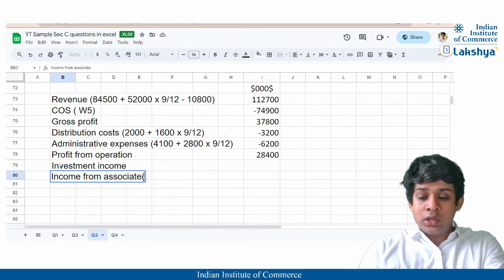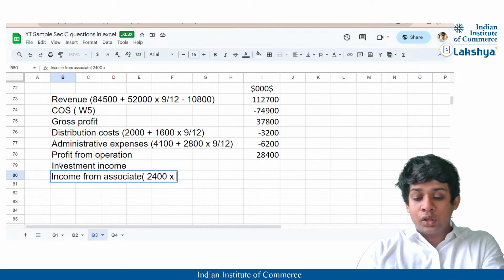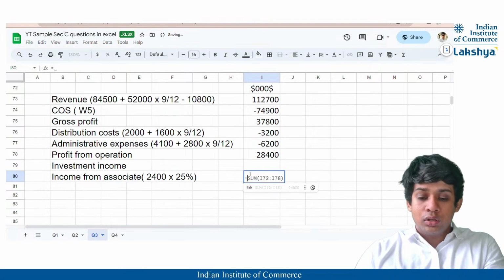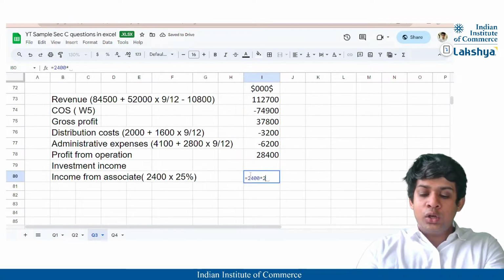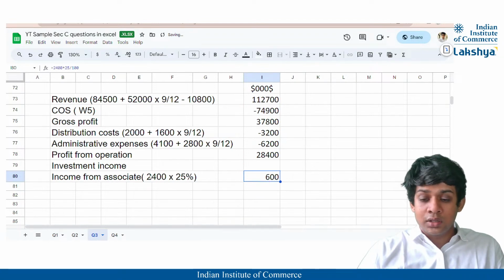So that we have already calculated, right? Associate had a profit for the year of 2,400 and we own 25% on it. So 2,400 into 25 divided by 100, that will give us a value of 600, right?